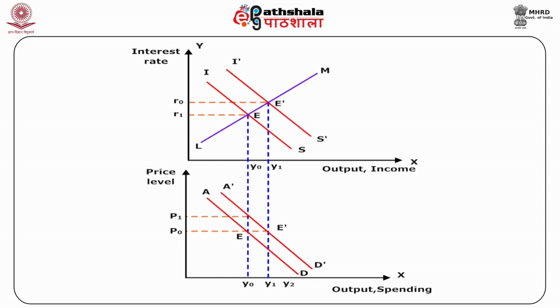When the aggregate demand function shifts to the right, it becomes A prime D prime, and the new equilibrium would be established at E prime.